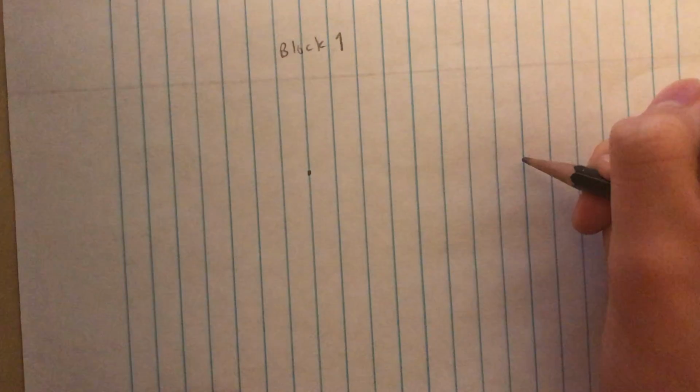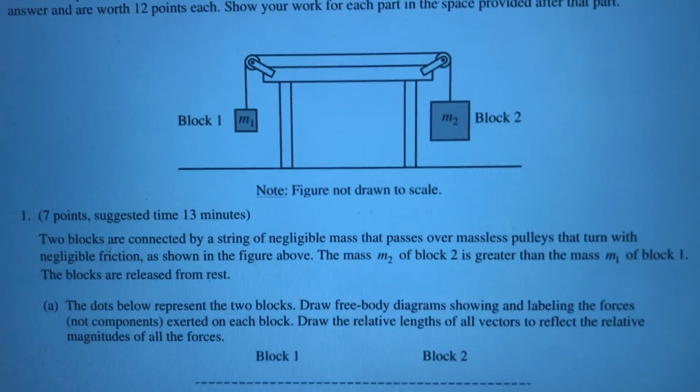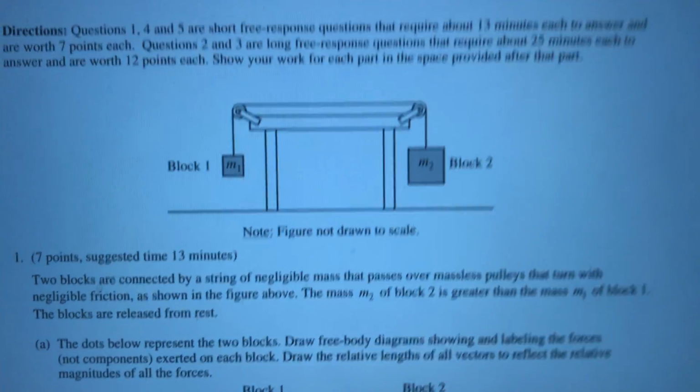So we'll start by marking the center of mass for block 1, and then over here, block 2. Now we can see from the picture that both blocks are held up by the same length of string attaching to the pulley.